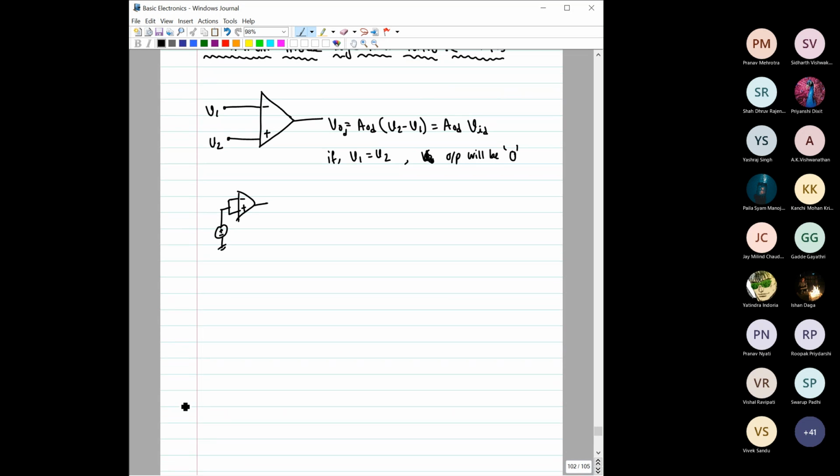But before that, let us understand one more thing from here, this common mode rejection, right? Basically, there are two terms. One is the differential gain, obviously open loop.